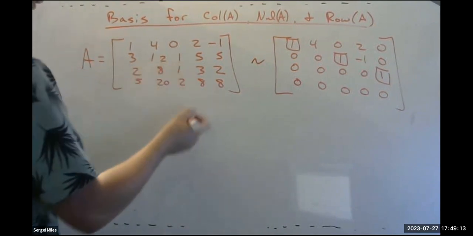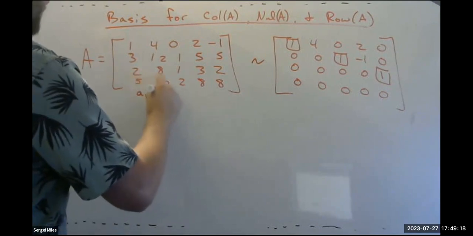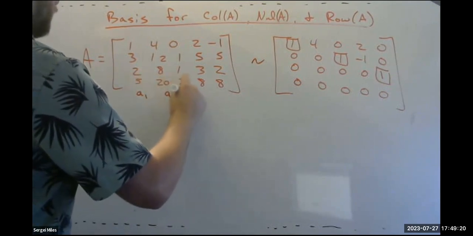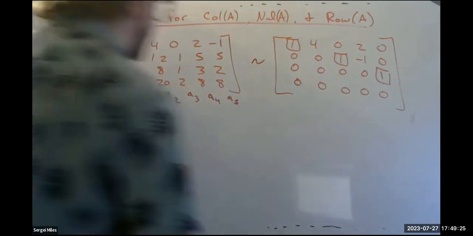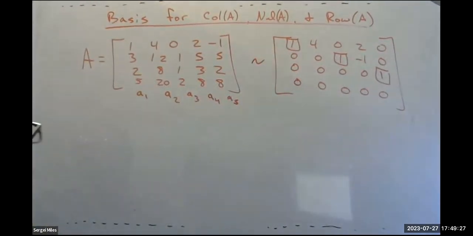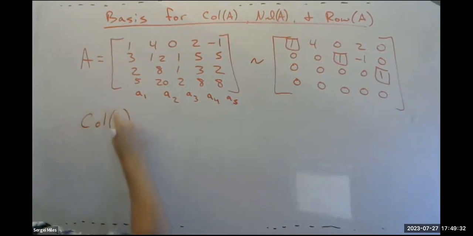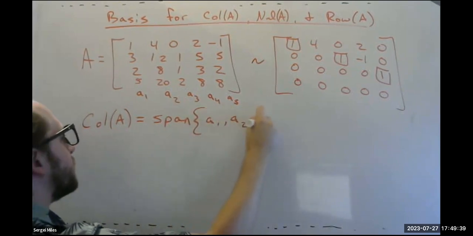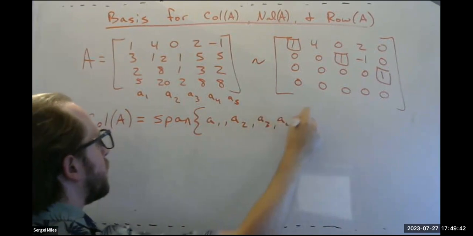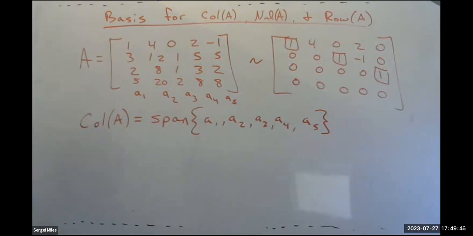Well, first, just for sake of ease, and so I have enough space here, I can label each of these columns as A1, A2, A3, A4, and A5, right? And we already know from section 4.2, what is the column space? The column space equals the span of all of the columns. Okay, so now what can we do with this?